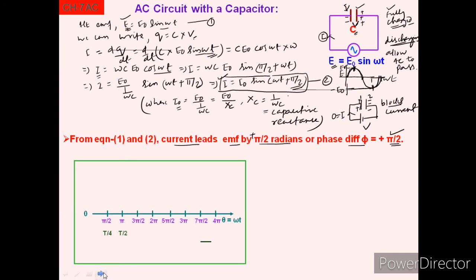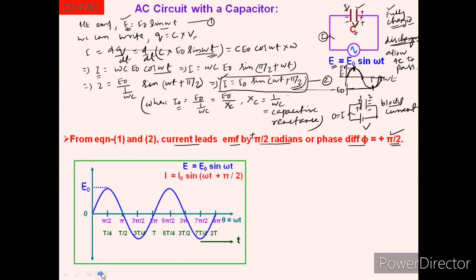So to plot the graph, on the x-axis we will again take the phase angle, then on the y-axis we'll take the alternating EMF or current.